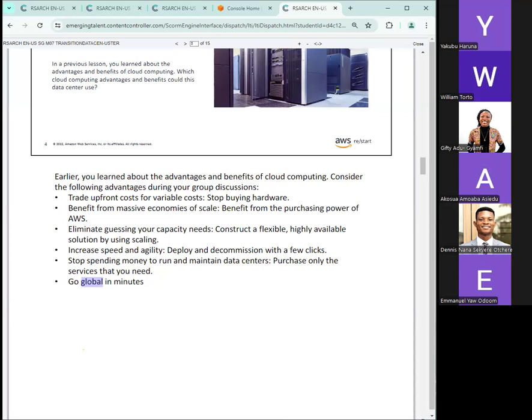To take advantage of newer technologies, at some point they would definitely have to upgrade whatever servers or resources they have. In that sense, they can go with the cloud, or they can go and buy their own hardware. I think William also wants to add something.